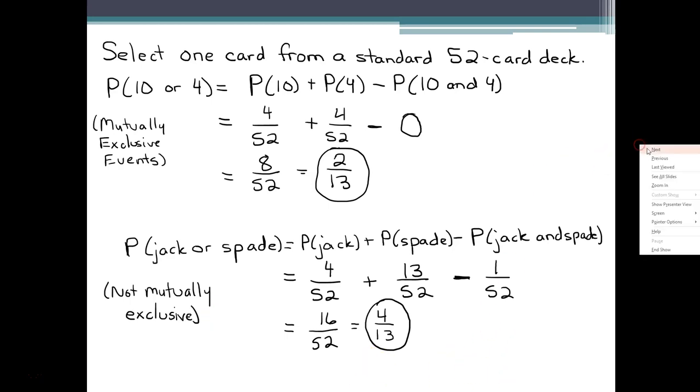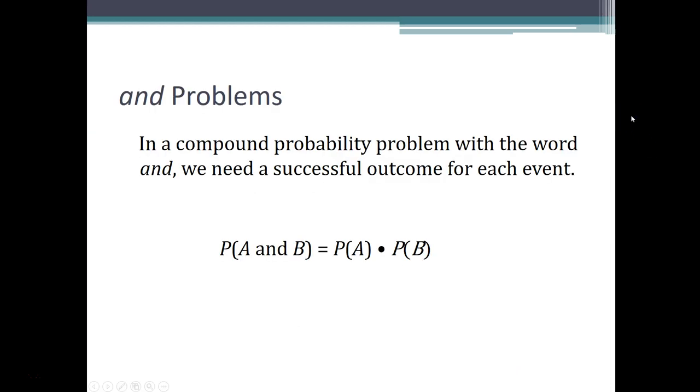But what you are going to do, you are going to face AND problems where you are dealing with more than drawing one card or more than rolling one die. You've had the AND already in the OR formula, and that was still just drawing one card, rolling one die, one thing. But now, let's look at what to do if you have to draw two cards or roll two die or have more than one kid, that kind of thing.